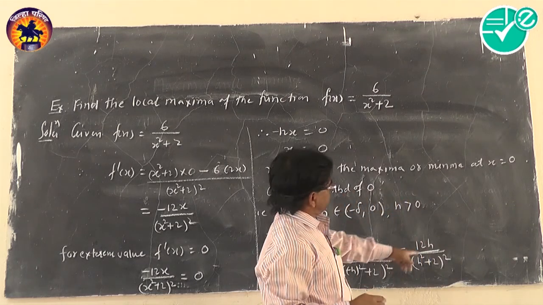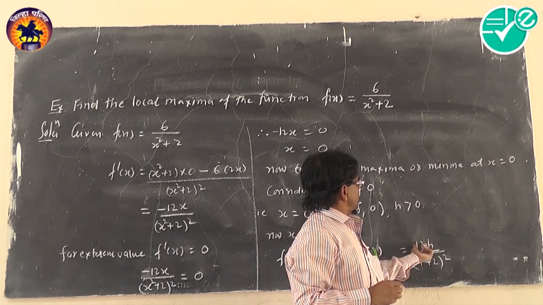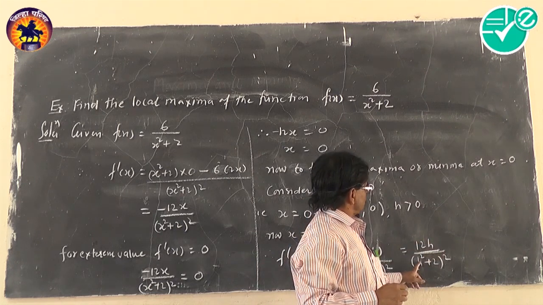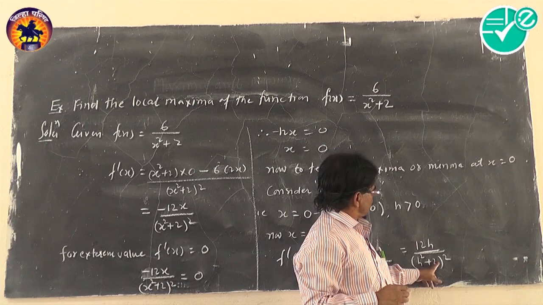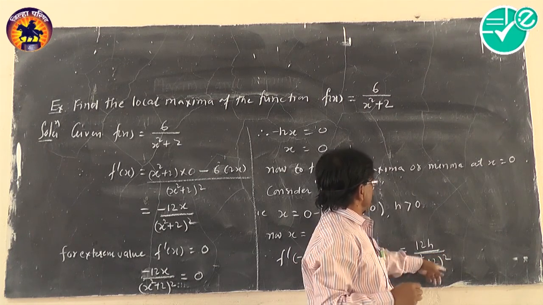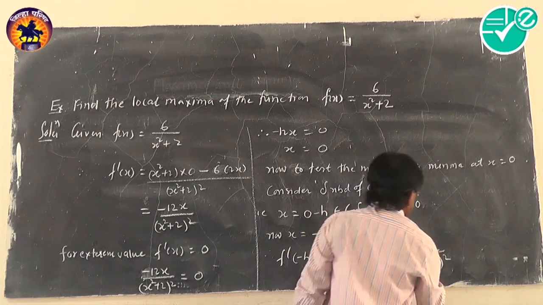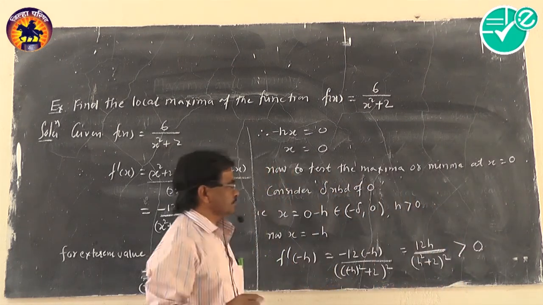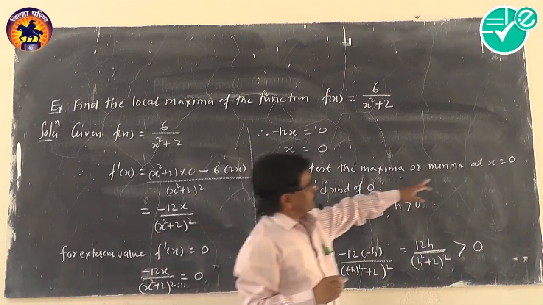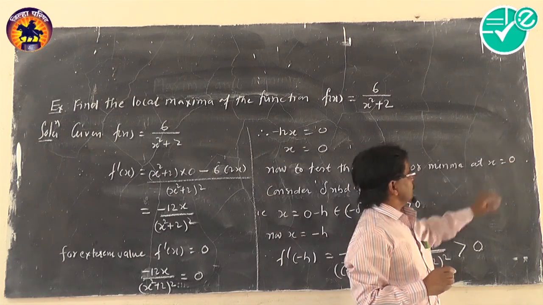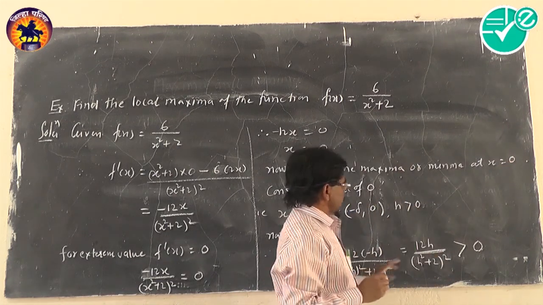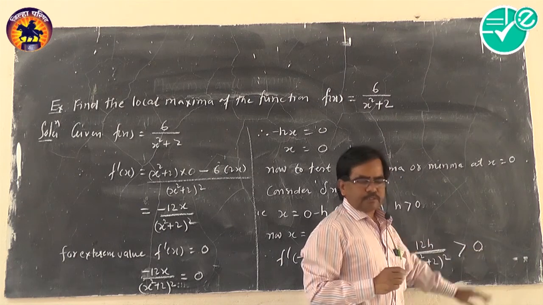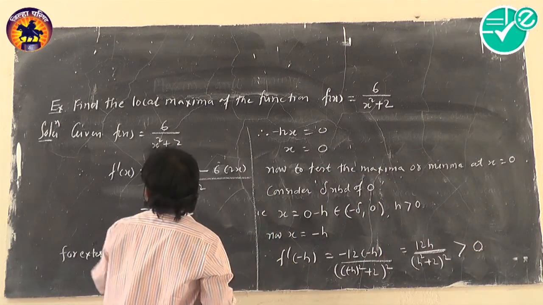Now here h is positive, 12 into h is positive, h square plus 2 is positive, their square is always positive, the division is positive, so this is strictly greater than 0. Means at the left side of 0 the derivative is positive.